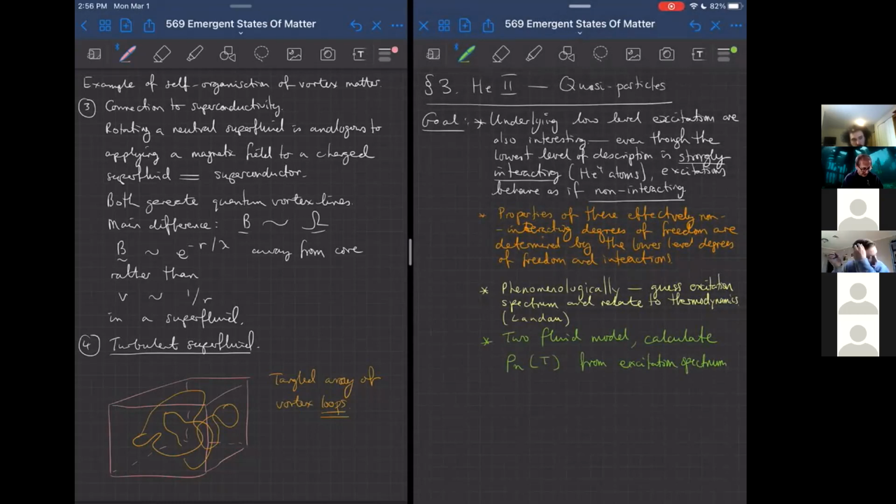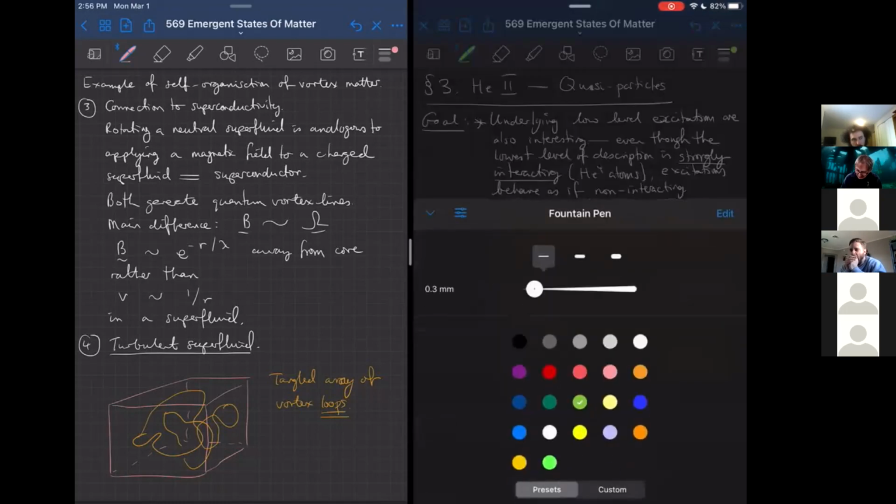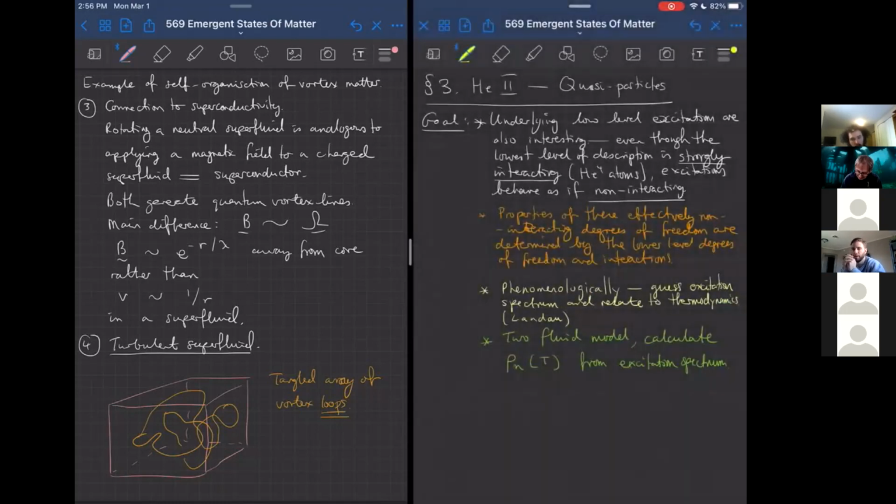And then the other thing that we will do in this section is we will do a detailed calculation of weakly interacting bosons.